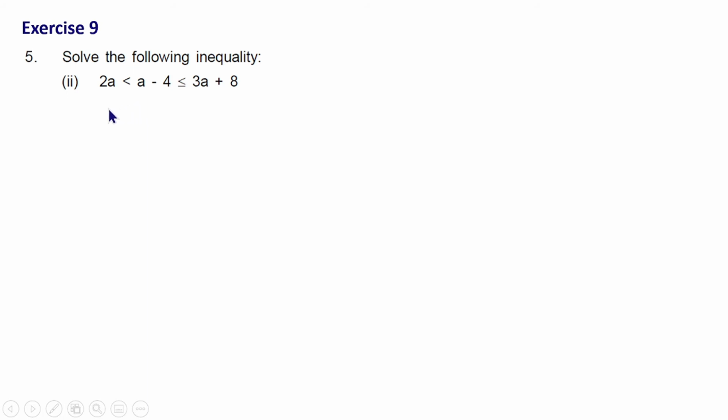Next question, 2a less than a minus 4 less than or equal to 3a plus 8. When we have such forms of inequality, we have to do this separately. So we have 2a less than a minus 4 and a minus 4 less than or equal to 3a plus 8. From these two inequalities, we can find the value of a.